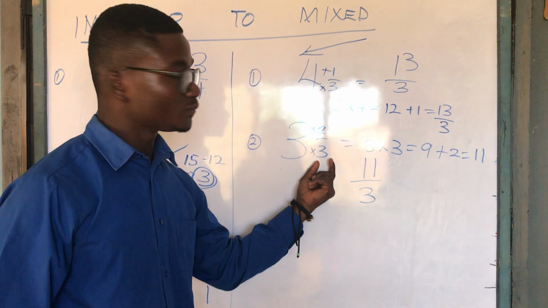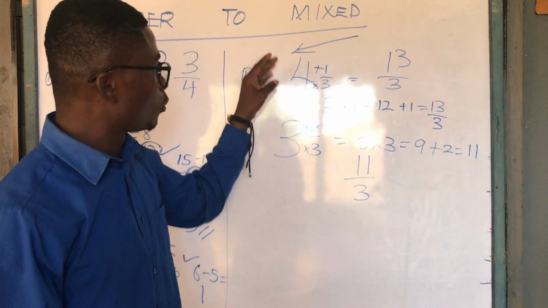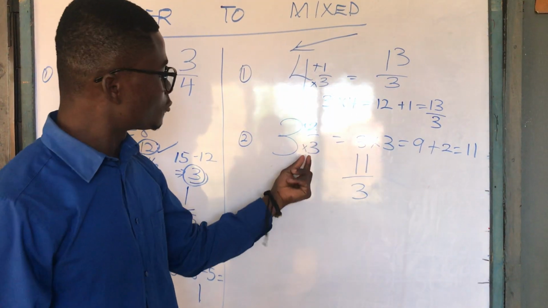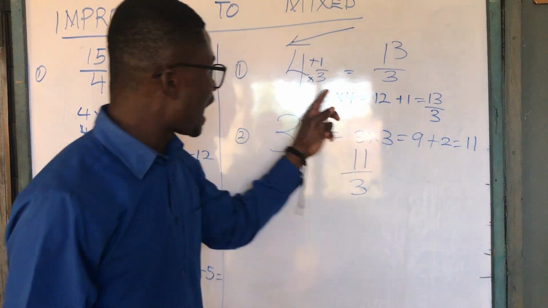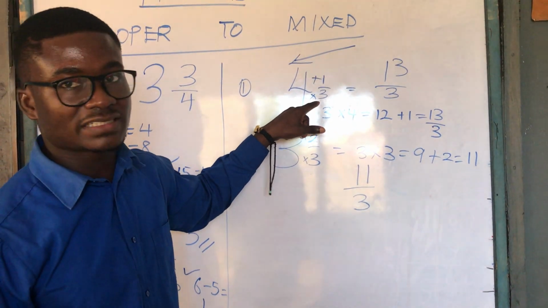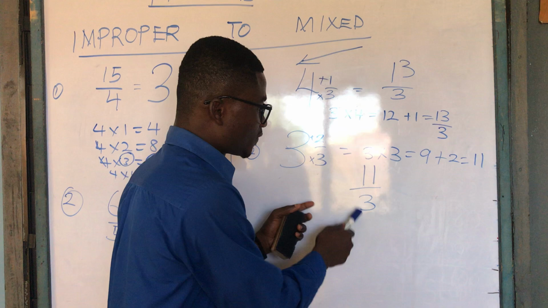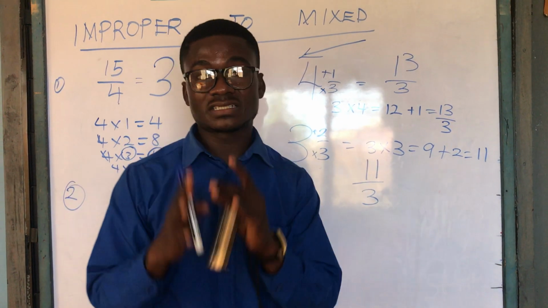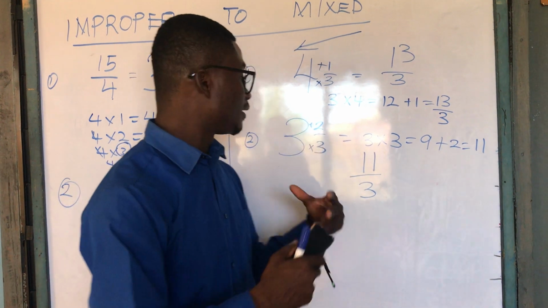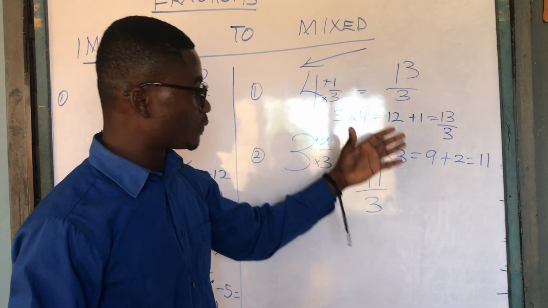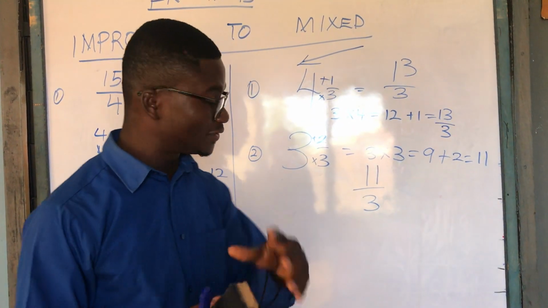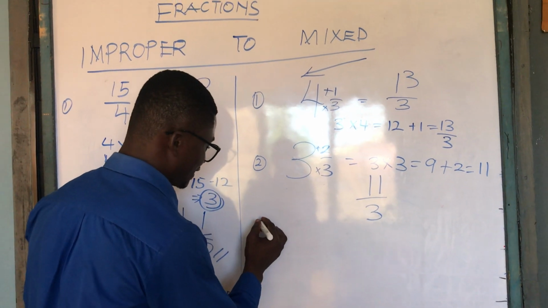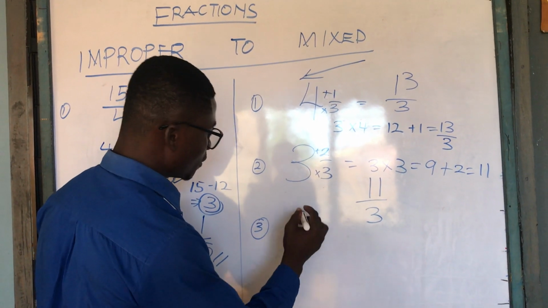Proper fraction. Every mixed fraction has a whole number and a proper fraction. So the number I'll be writing here is the denominator of the proper fraction. It is not because it is 3 that I'm writing it. They just look similar. No, please, don't say that you always write 3.